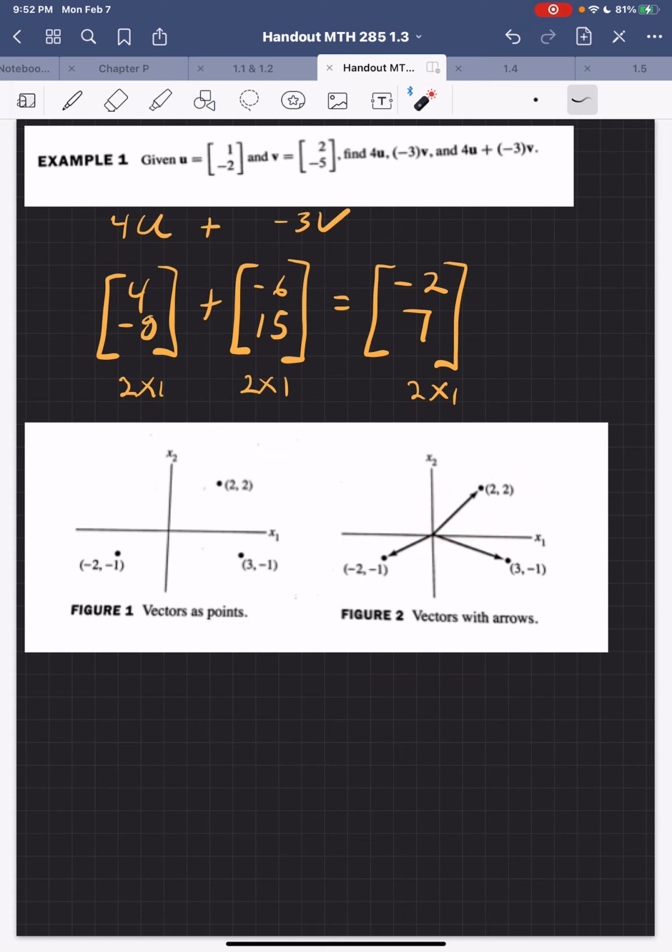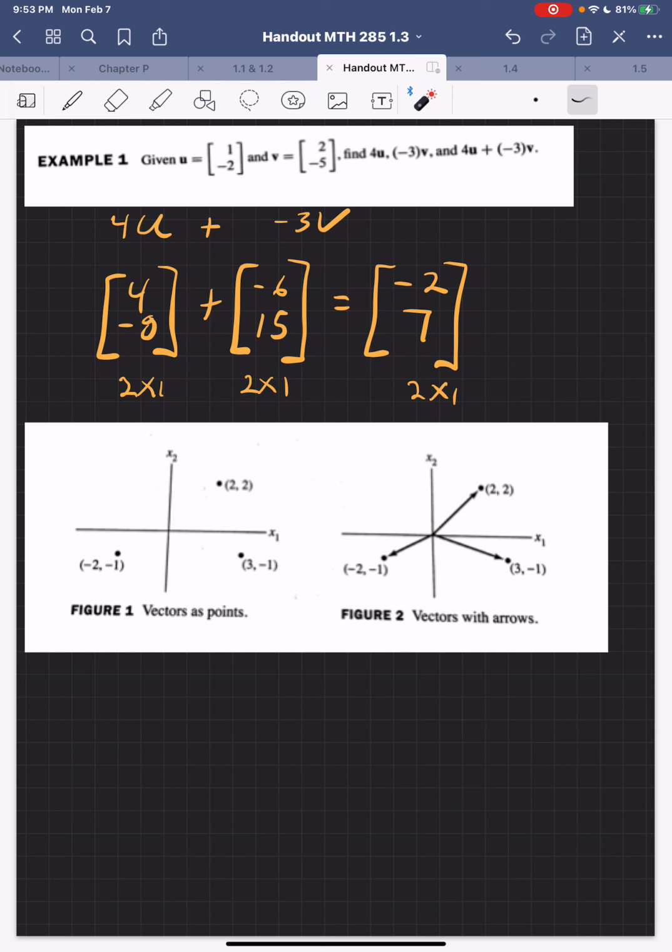Of course, with any vector you have an initial and a terminal point. The initial point is at the origin. So if your initial point is at the origin, do you see how you can represent the entirety of the vector by just its terminal point?